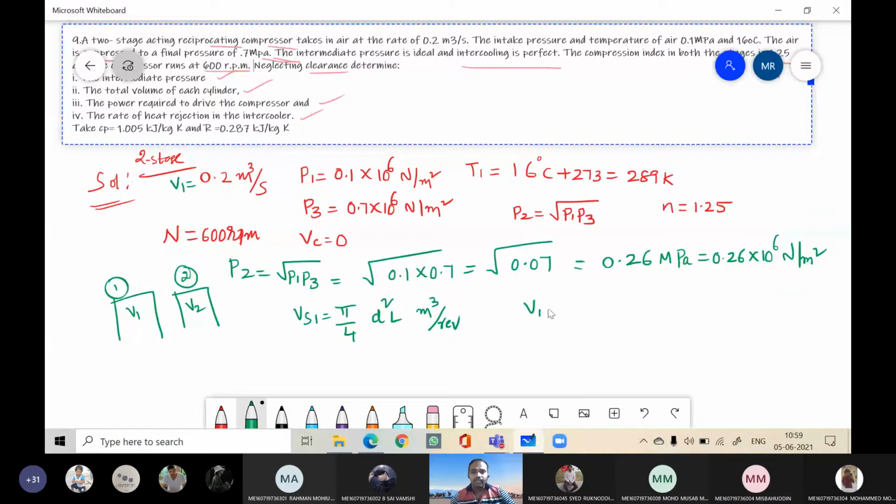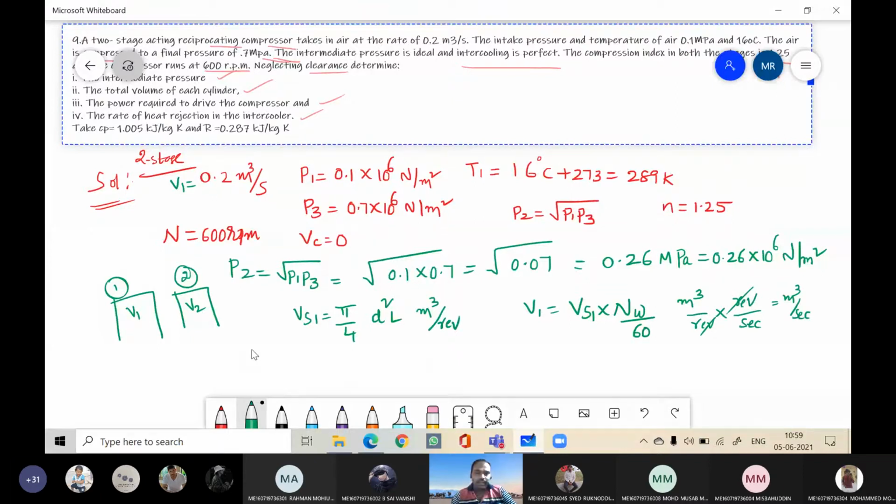So I can write V1 is equal to VS1 into N divided by 60. VS1 is in meter cube per revolution and N in revolution per second, so revolution will be cancelled, giving meter cube per second.